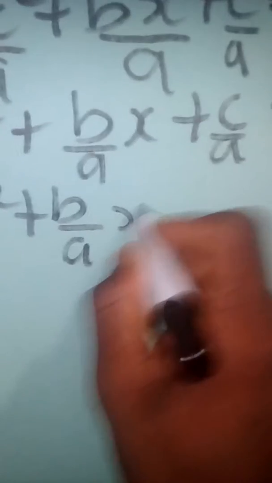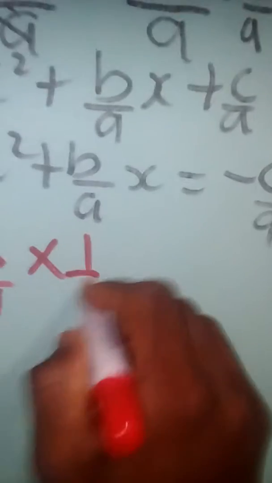Now we are going to move this over here, so this gives us x squared plus b over a x is equal to minus c over a.